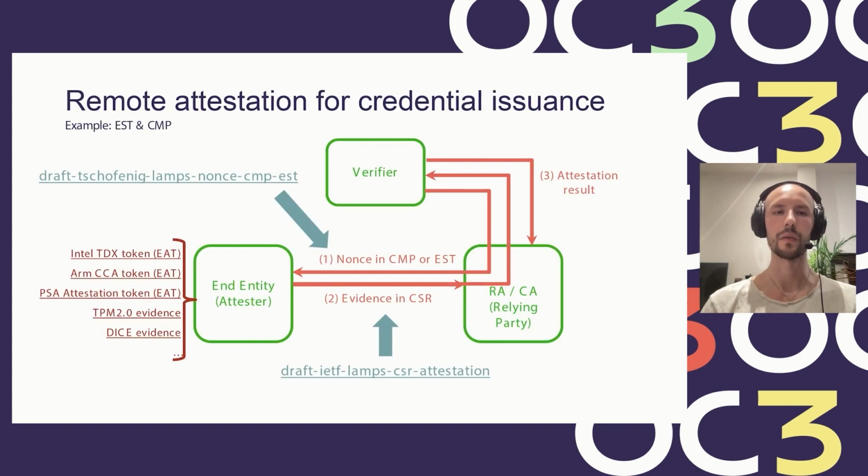The first is credential issuance, or X509 certificate issuance, more precisely, in this slide. So looking at EST and CMP, which are two critical components of public key infrastructure that allow an end entity to request an X509 certificate from a registration or certification authority.